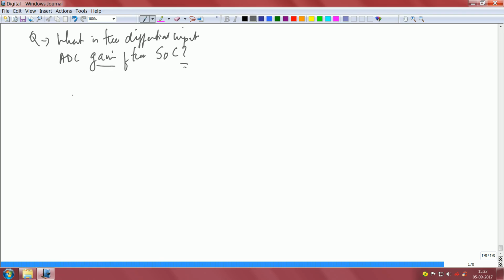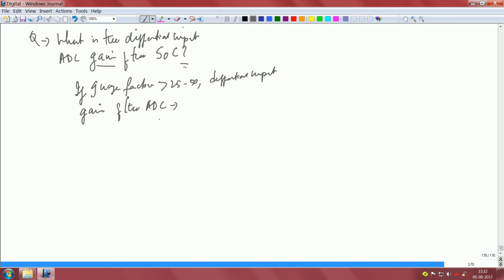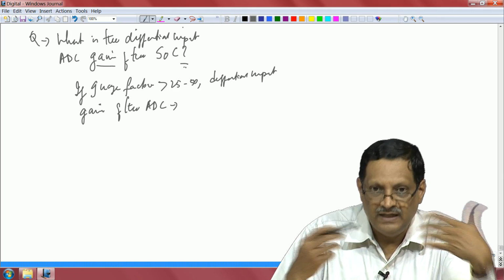So, summary, if gauge factor is greater than 25 or even close to 50, the differential input gain of the ADC, which essentially means it is also an amplifier, right.